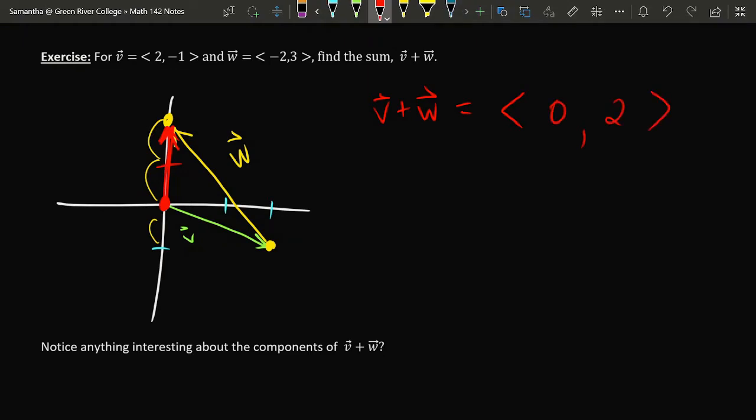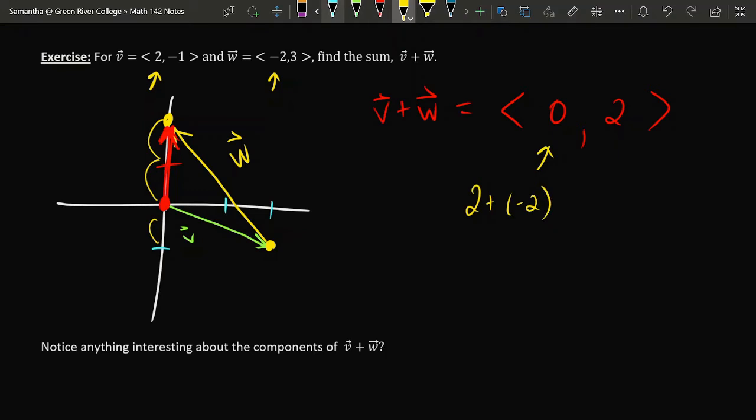Now notice something interesting about the components of the sum of these two vectors. The x component of 0 in our final answer could also be found by taking the x component of v and adding it to the x component of w. 2 plus -2 is indeed equal to 0.